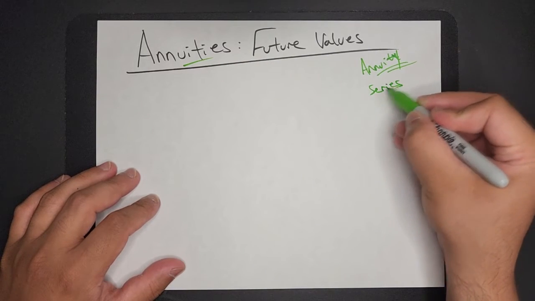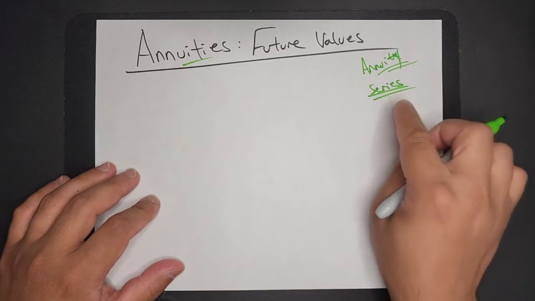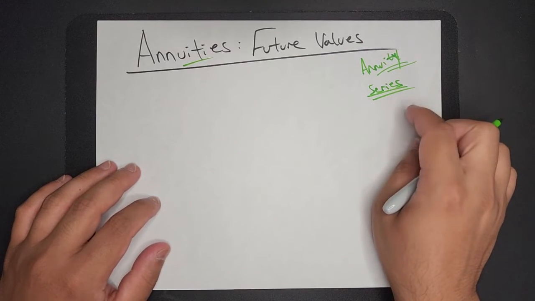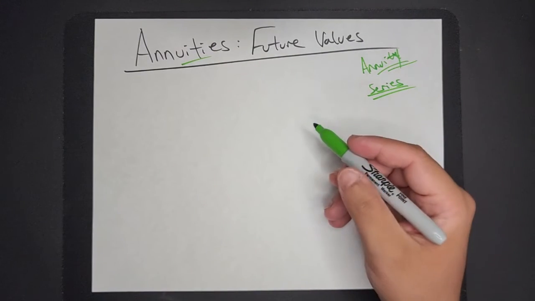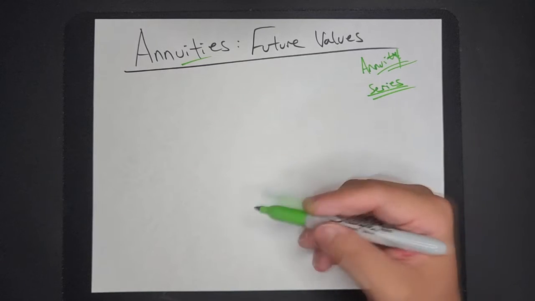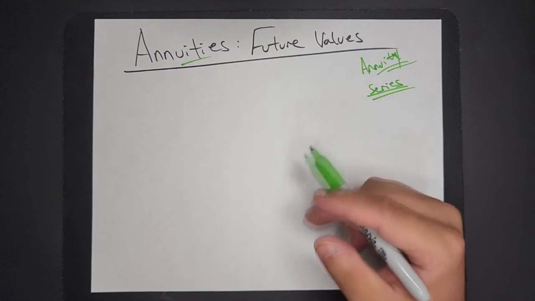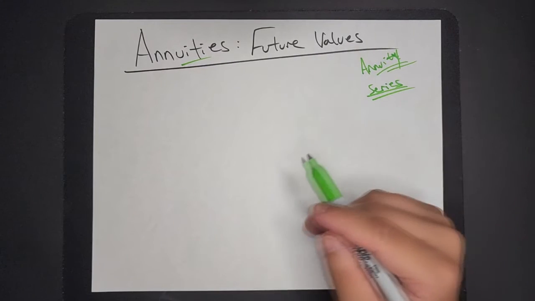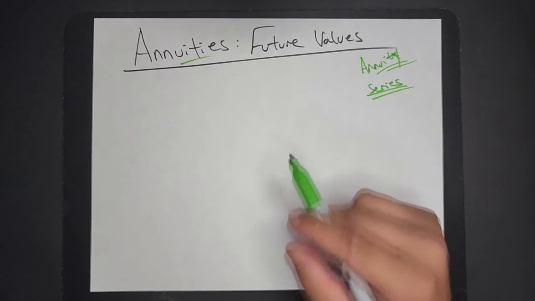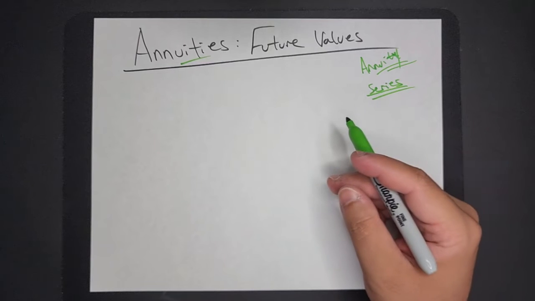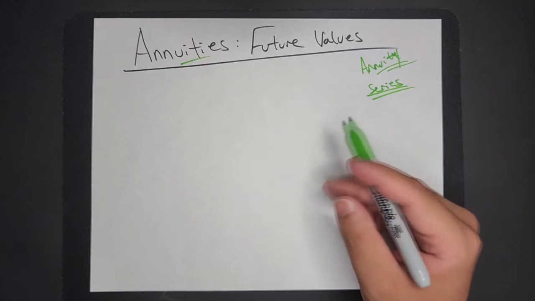Keyword, a series of. We really looked into series earlier. A series of payments or investments made at regular intervals. A simple annuity is an annuity in which the payments coincide with the compounding period or conversion period.